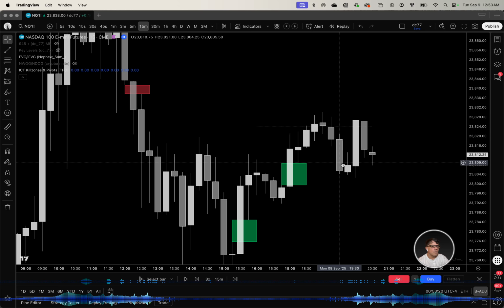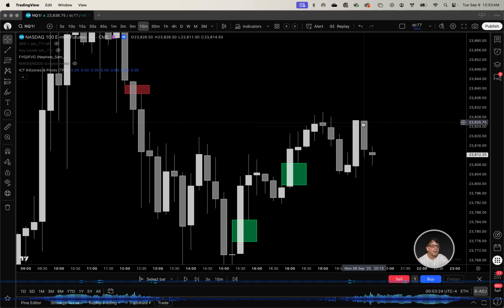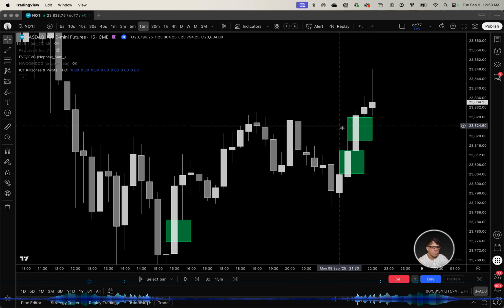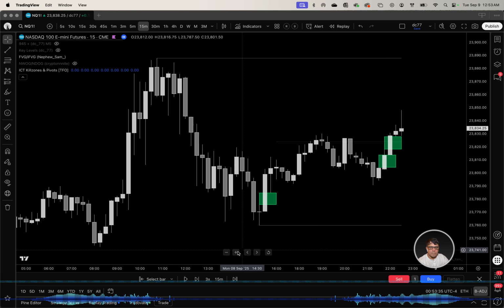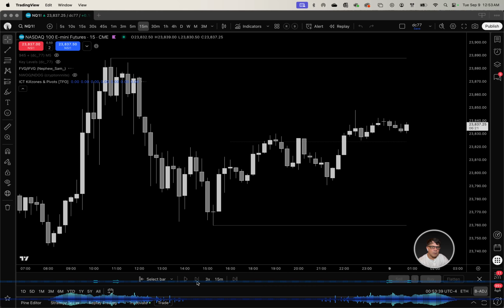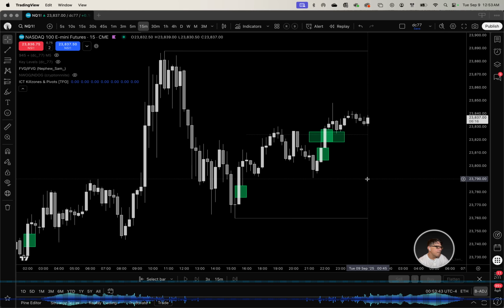We're bouncing off of EQ, coming back to rebalance this fair value gap. Boom, we're going back to EQ. Boom, right back to EQ. Higher, higher. We're hanging around the midpoint of the prior day. Not a lot of action happening right now.